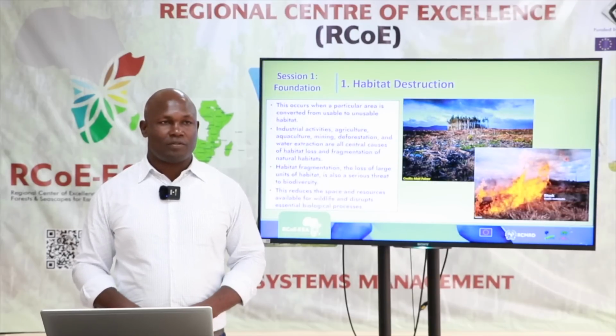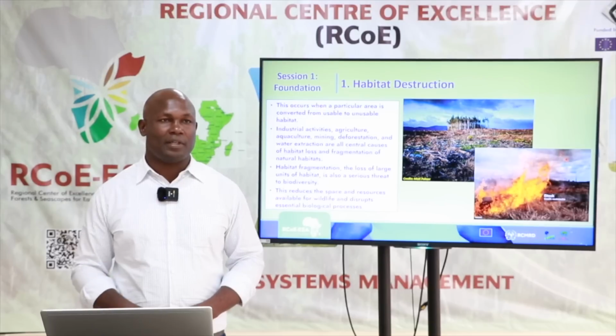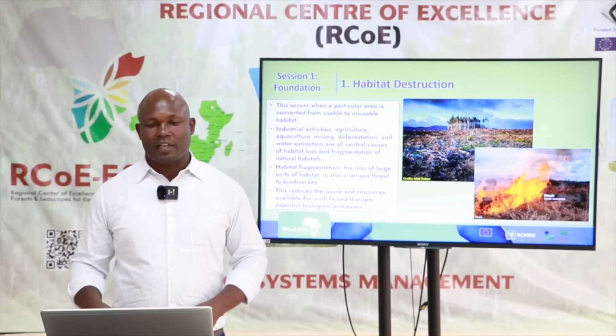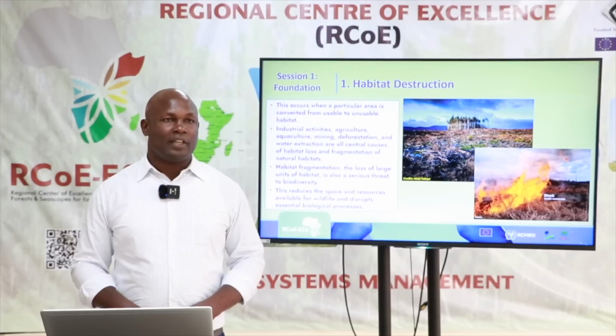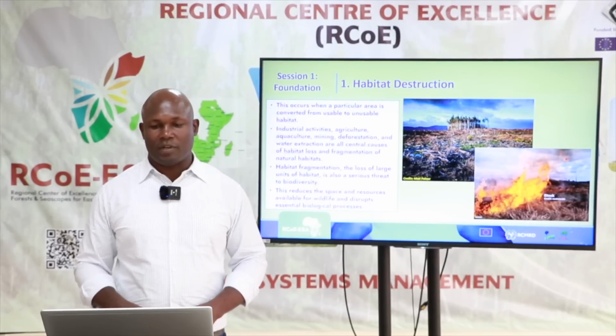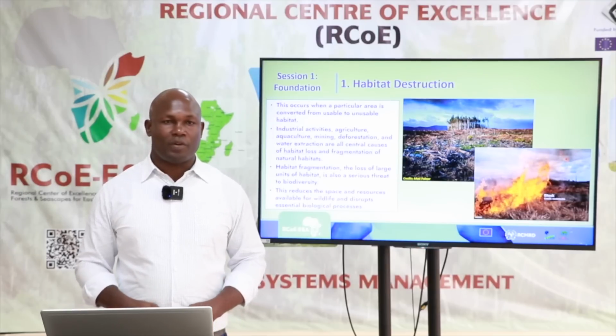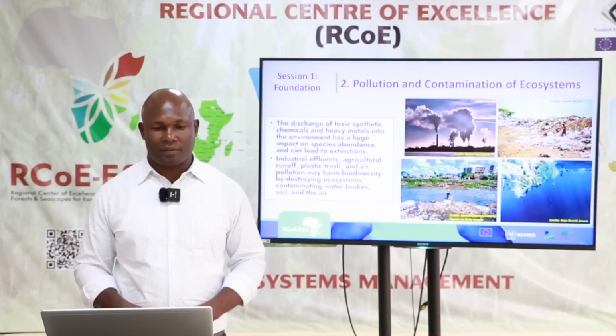Habitat destruction is a result of human activities, where we are burning down ecosystems, cutting down forests, and draining wetlands, among other ecosystems within which biodiversity exists. This plays a key role in the reduction of biodiversity, because as we interfere with their home, they have nowhere to stay, and those who cannot adapt end up losing their lives.